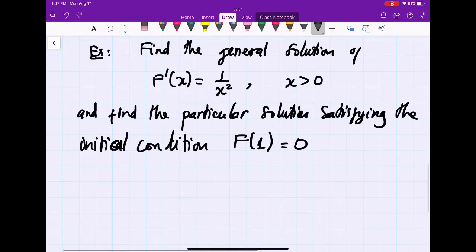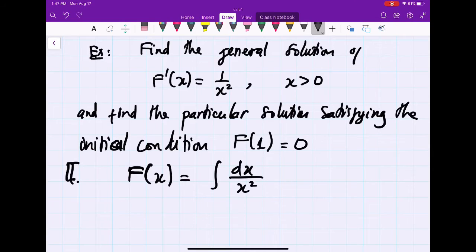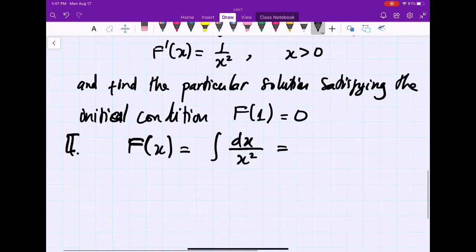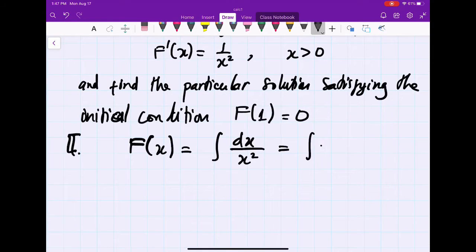Alright, so first we need to find the general solution. That means we just need to integrate the function 1 over x squared. So from here I can write f of x equal to the antiderivative of dx over x squared. And we know how to integrate such a function. We write that in the power function form: x to negative 2 dx.